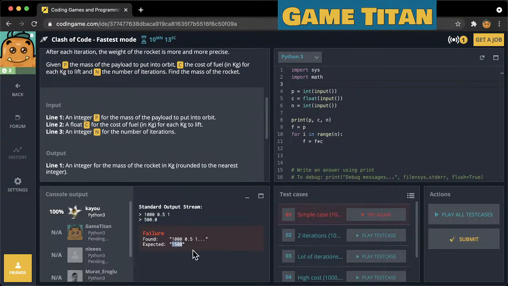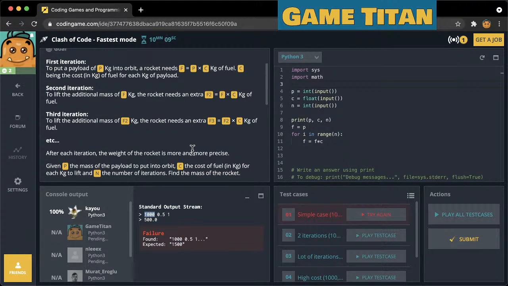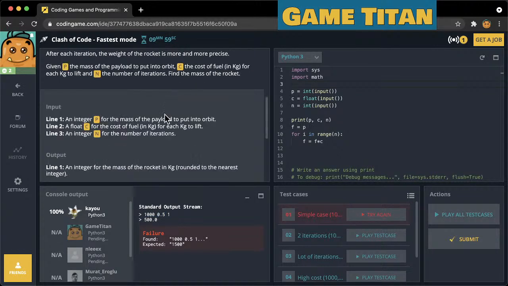Since the mass of the rocket is 1500 and the payload is... so 0.5 is the cost of fuel per kilogram of lift.